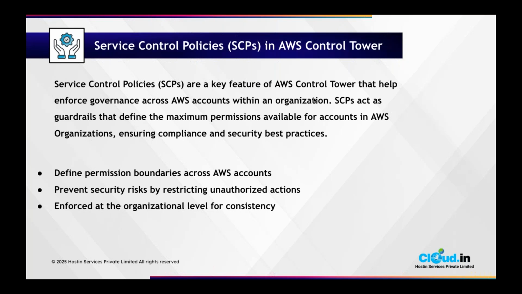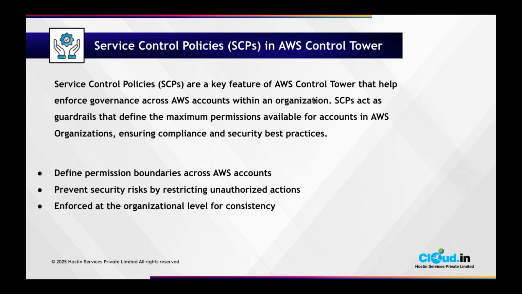SCPs also prevent security risk by restricting unauthorized actions. One of the biggest benefits of SCPs is that they help reduce security risk by restricting unauthorized actions before they even happen. You might be thinking, how does this improve security?